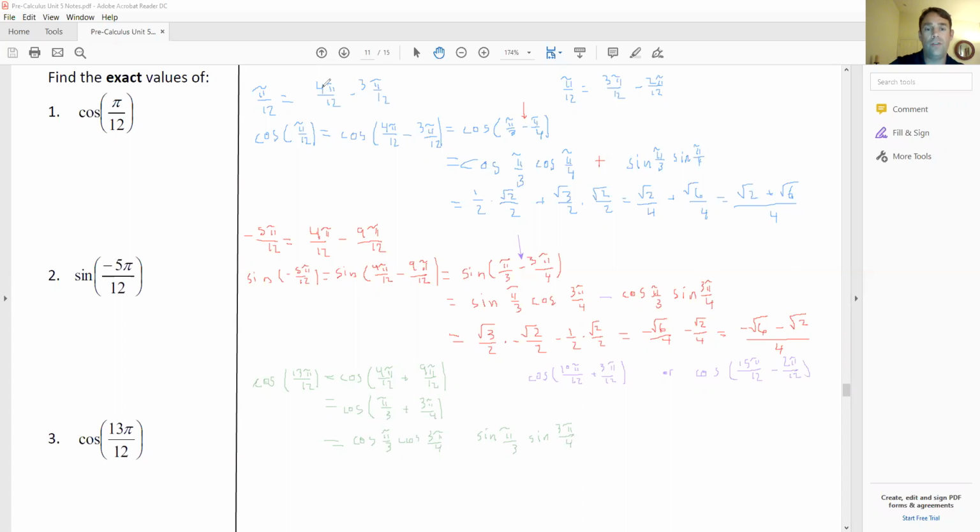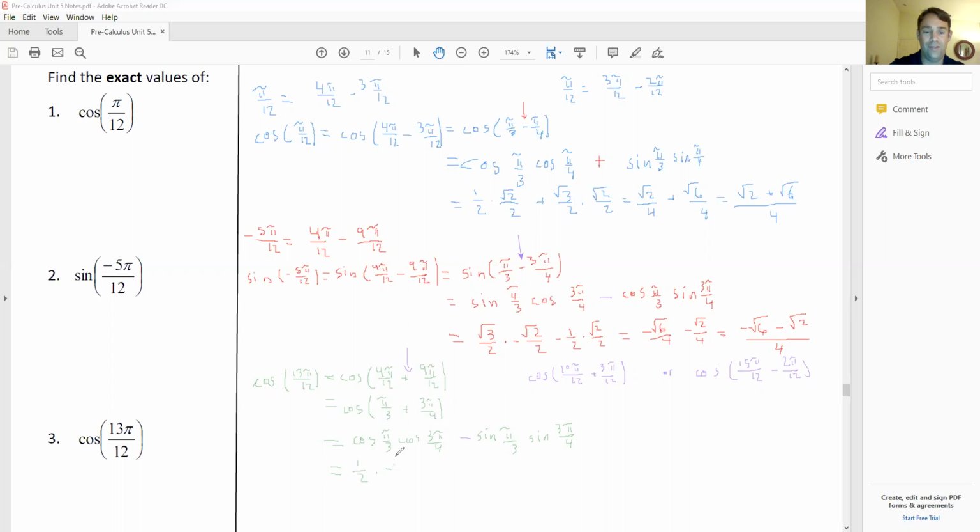And then whatever the sign is that I'm using here, in this case I used a plus, therefore for cosine I'm going to use the opposite. So I'm going to go ahead and subtract it. So cosine of pi over 3, well friends, that would be 1/2. Now we'll go ahead and evaluate it.